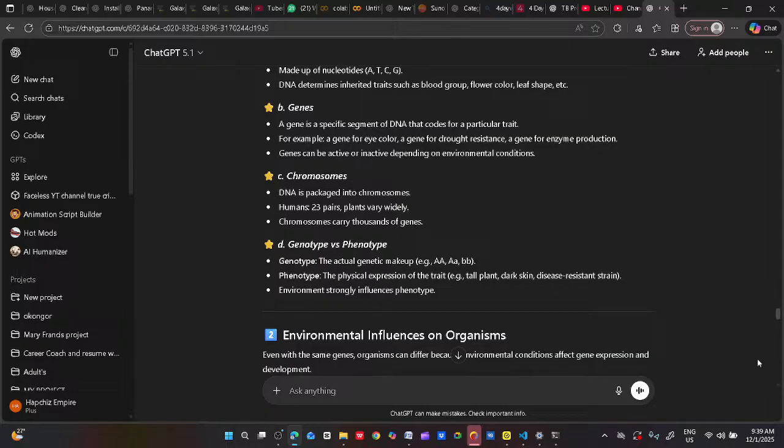Then chromosomes carry thousands of genes. Don't forget that I said genes are segments of DNA. This segment of DNA can be in the form of an enzyme. For example, with diabetes patients, their enzyme can no longer metabolize glucose.